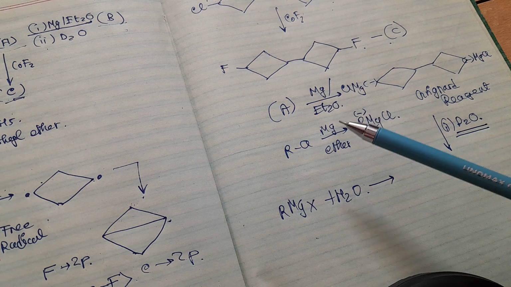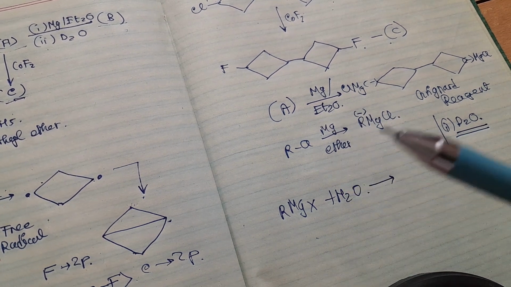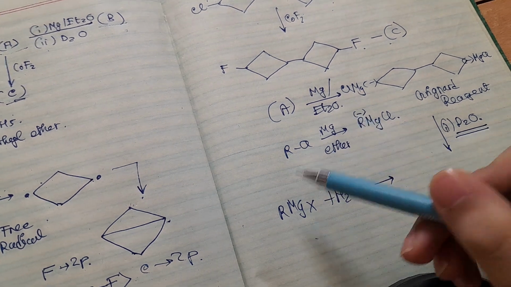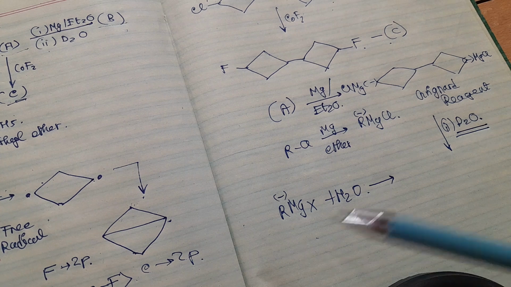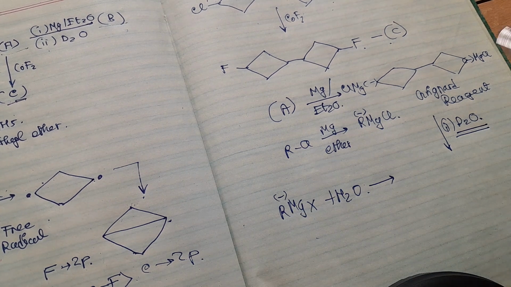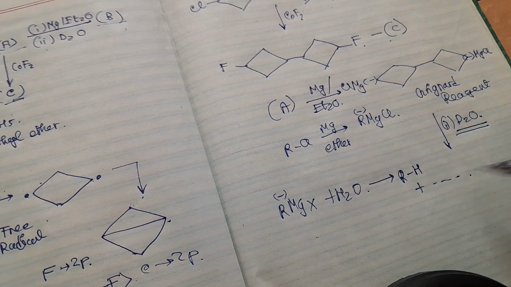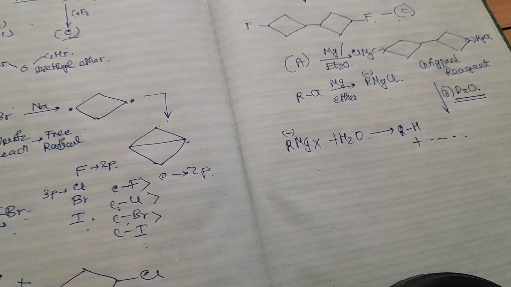That is very important in case of water, in case of alcohols, in case of carboxylic acids, there is an acidic hydrogen. So the R minus of the Grignard reagent will abstract that acidic hydrogen, and it will always give an alkane. So we get RH plus an addition product, which I'm not writing because it's not important for this question.